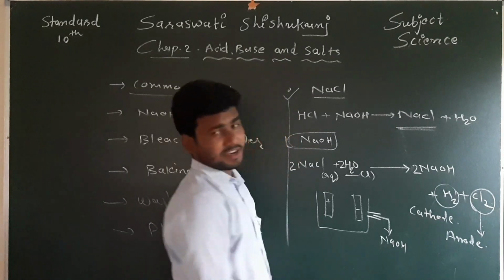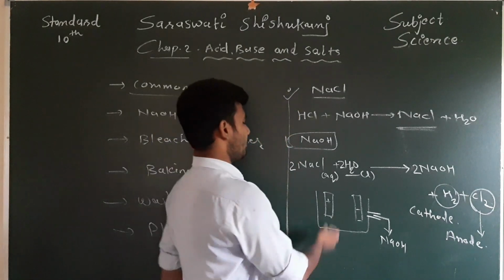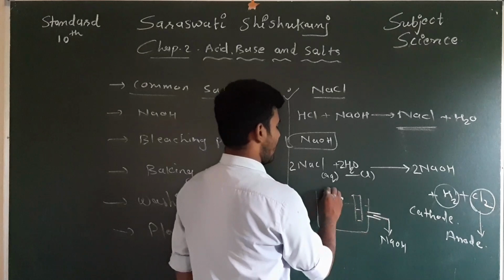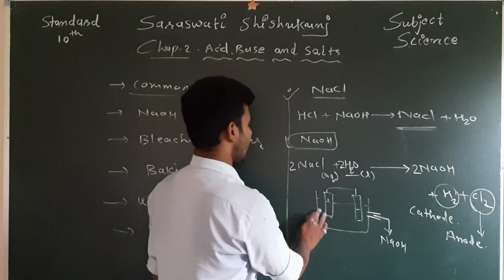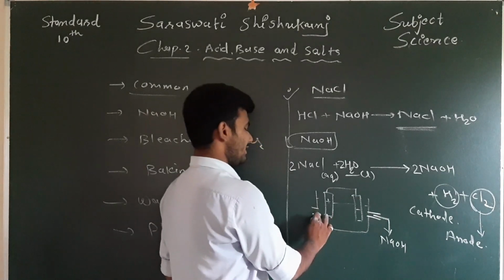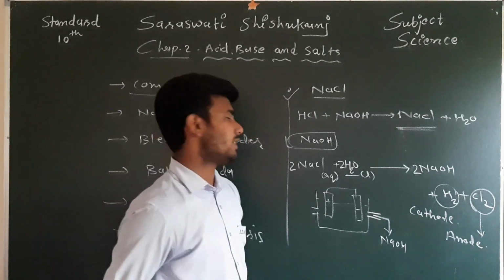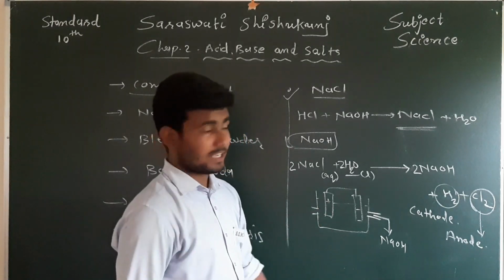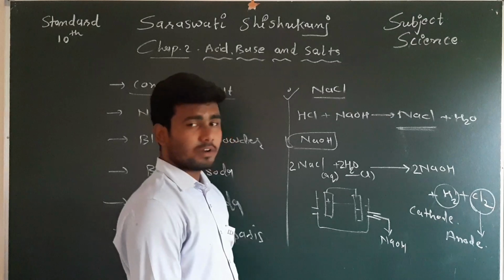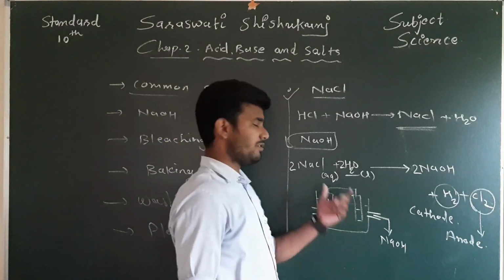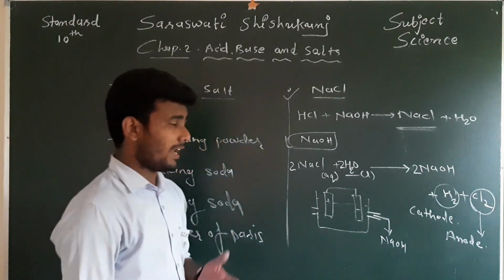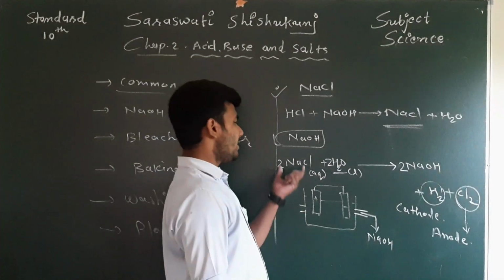If you have remembered and if you have seen the video, then easily you can know how this reaction takes place, right? So this is just a quick revision, I have not explained it in detail. You can go through the video of our previous sessions in which I have explained how NaOH is prepared. It's simple.